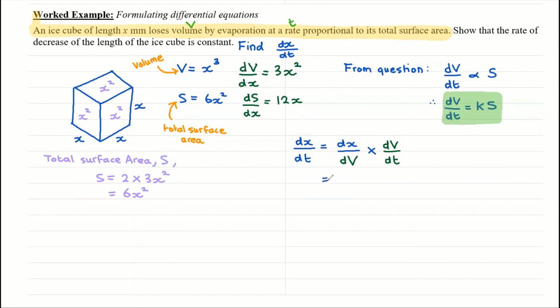So this is going to be 1 over dv by dx multiplied by dv by dt. So 1 over dv by dx is going to be 1 over 3x squared.